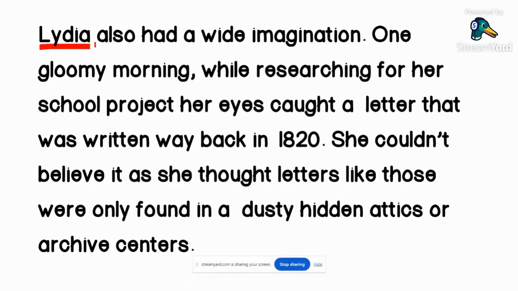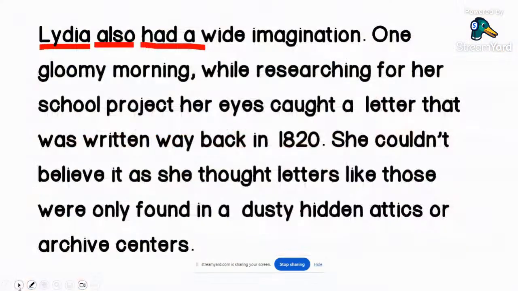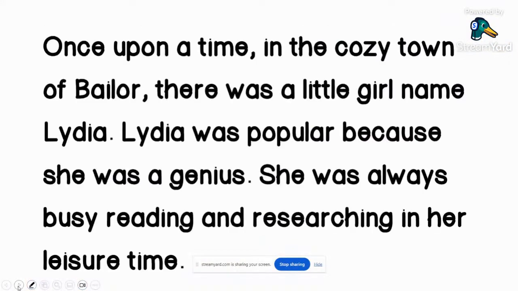Lydia also had a, sorry, we are missing a part. Hold on, guys. We are missing a part of the letter. So we're going to have to find the beginning. Okay. So my apologies, guys. Here is the beginning of the letter.